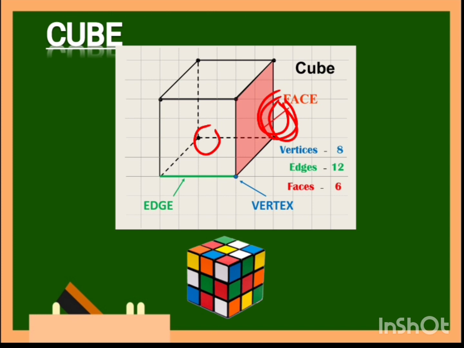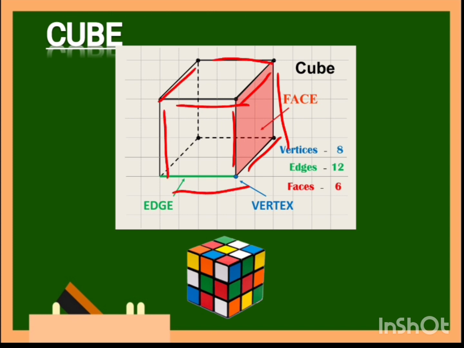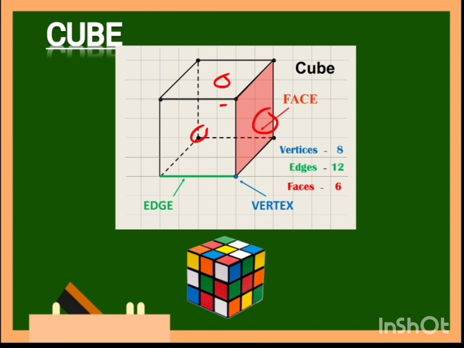That we will see. 1, 2, 3, 4, 5, 6, 7, 8, 9, 10, 11 and 12. Total 12 edges are there in a cube. Now we will find out the number of faces. This is first face, second, third, fourth, fifth and this is sixth. Total 6 faces are there in a cube.